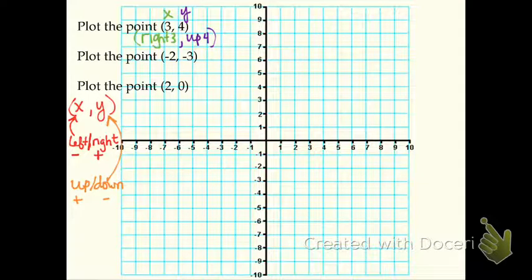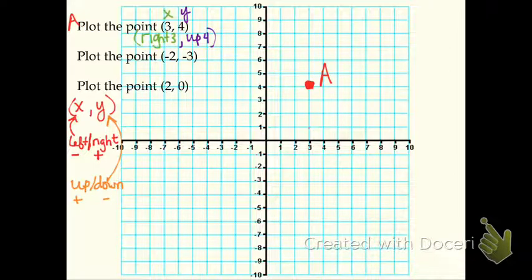So for the ordered pair 3, 4, we would start at the origin and count 3 spaces to the right, and then 4 spaces up. Now we don't actually want those little loops where we counted. Just that point is your final answer. Let's go ahead and call that point A. We usually label points with a capital letter. So we'll call this one point A.